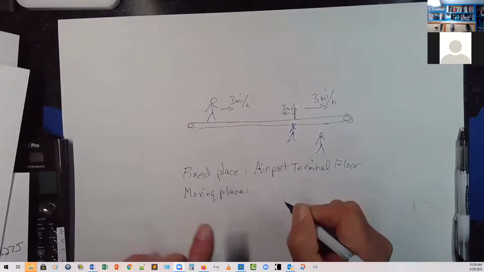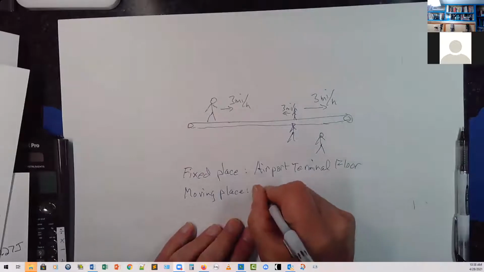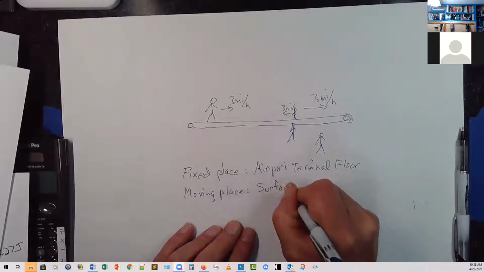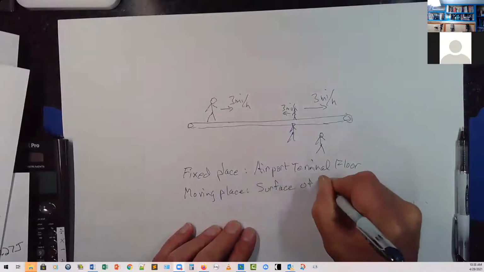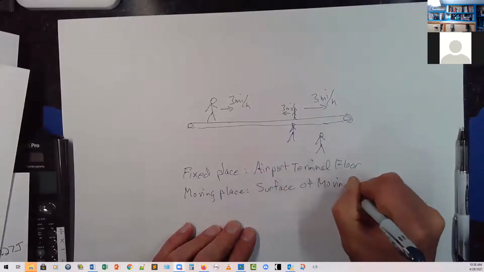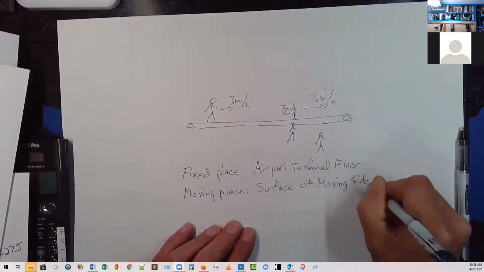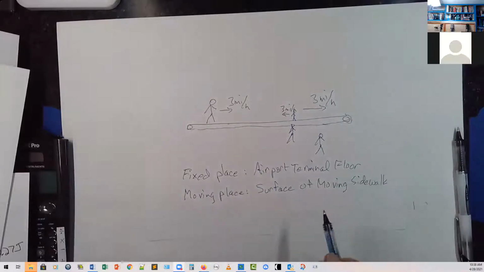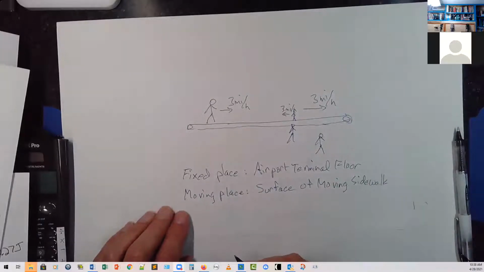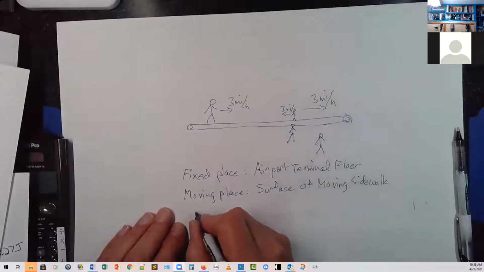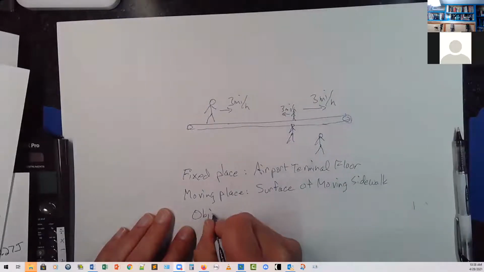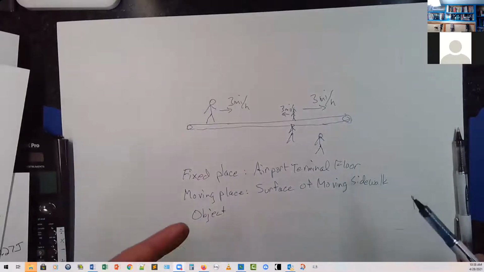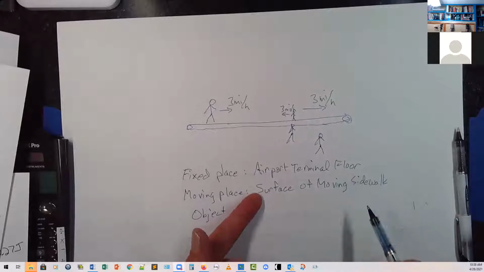And the moving place is the surface of the moving sidewalk. So we would have that. And then we'll have an object, which will be something that can be moving on the moving sidewalk.